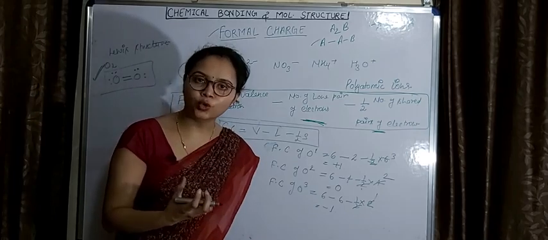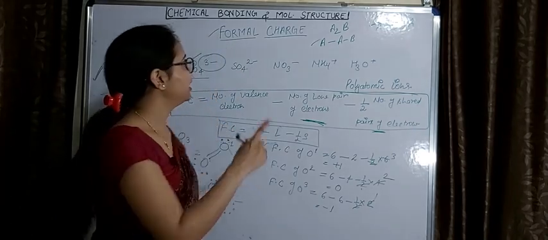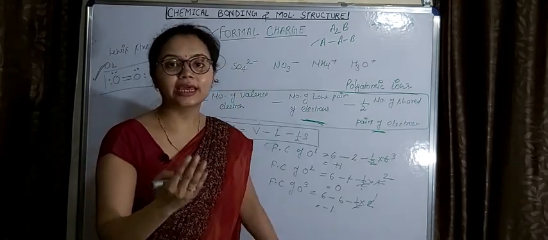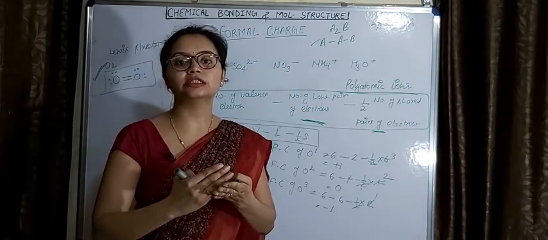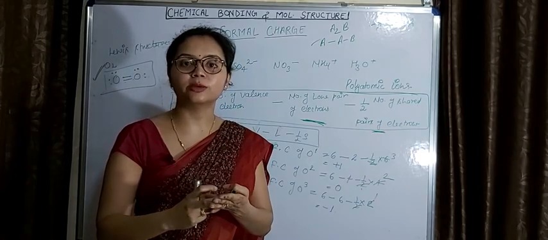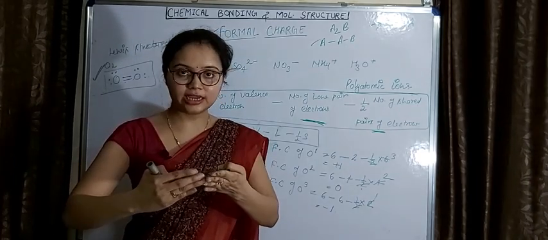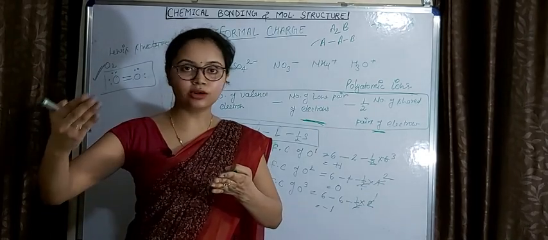To know about the stability we can use formal charge, because the structure which has the least value of formal charge will correspond to least energy and definitely more stability.